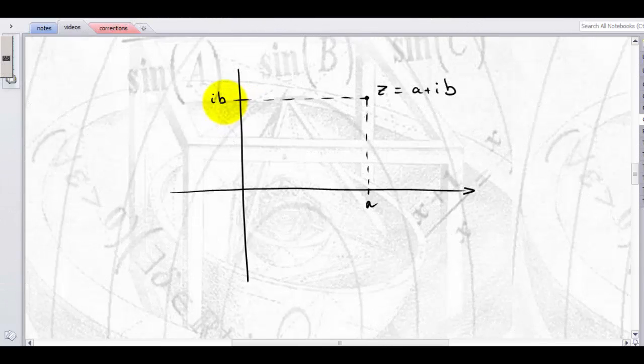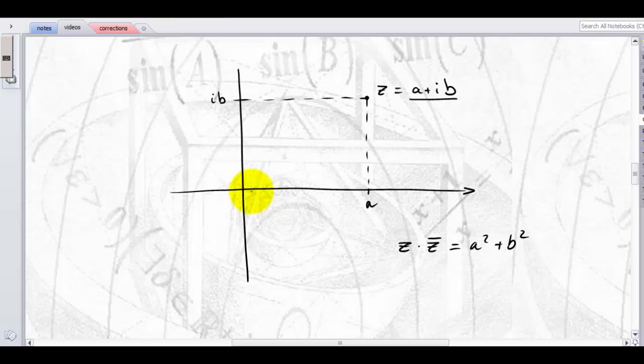So here is the Argand plane, and I took a complex number on it, z equals a plus ib. You remember from the first video on complex numbers, if you multiply a complex number with its conjugate, you will find a squared plus b squared, right? Now, a squared plus b squared, in the plane right here, what is this?